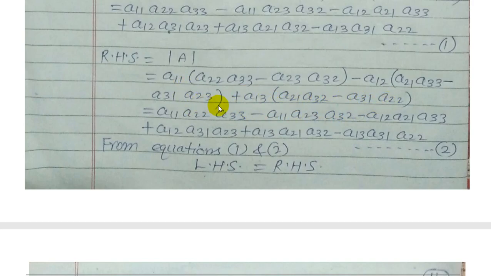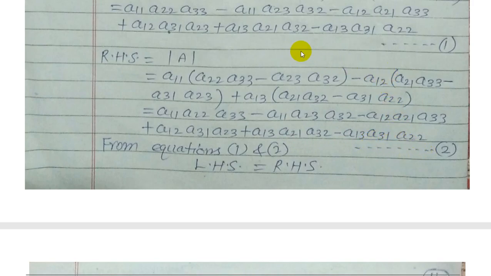Now open the brackets. So we get A11, A22, A33 minus A11, A23, A32 minus A12, A21, A33 plus A12, A31, A23 plus A13, A21, A32 minus A13, A31, A22, and let it be equation number second.